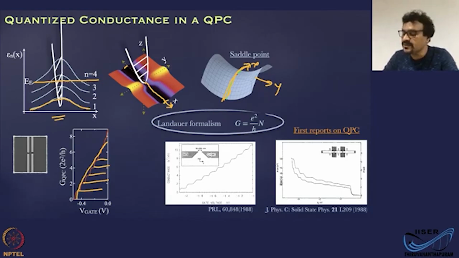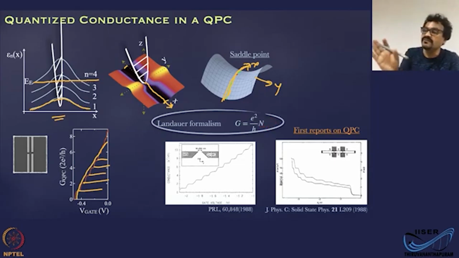So the Landauer formalism is telling you that the conductance in one dimension is given by e square by h, that is the conductance quantum, quantized conductance, times the number of channels. When I say N here, what that means is the number of reflectionless channels. That means there is no reflection or backscattering in that channel.